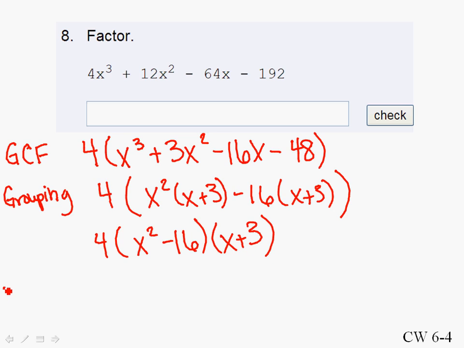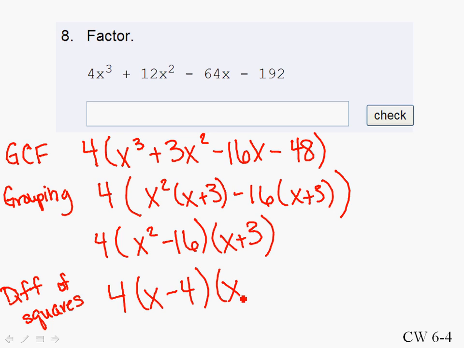Lastly, we do the difference of two squares, which gives us 4 times x minus 4 and x plus 4, which is our factors for x squared minus 16, and then x plus 3.